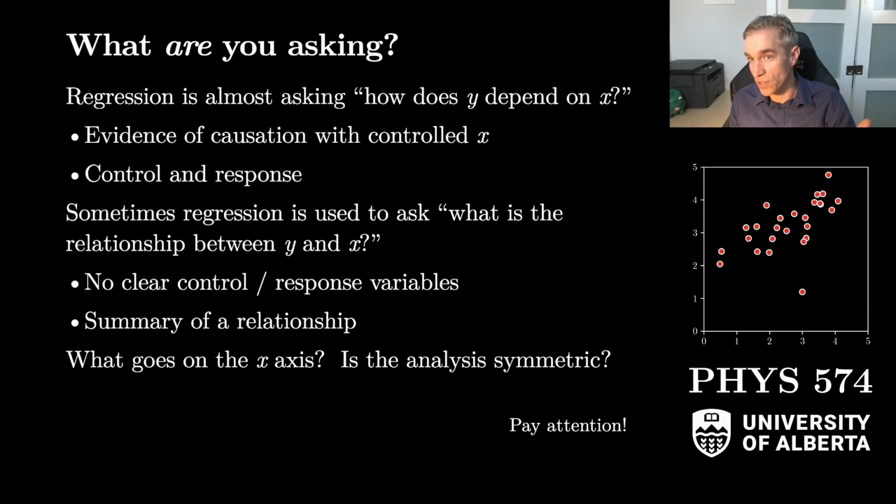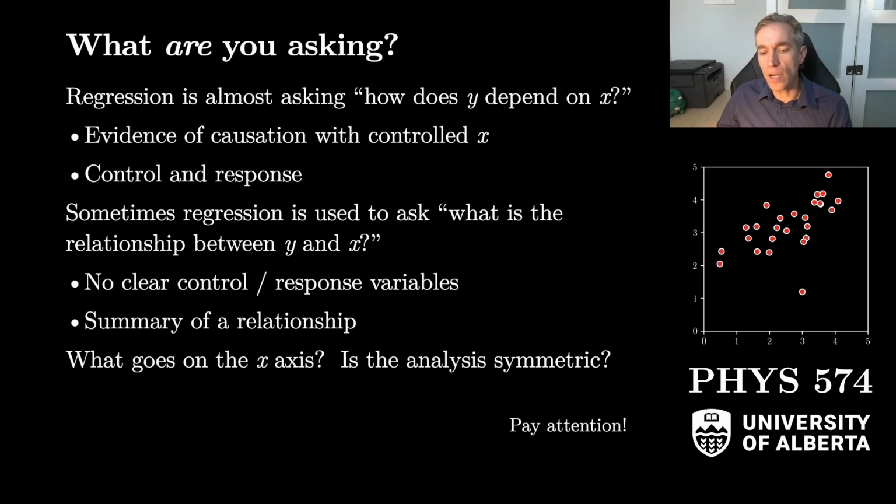Is Y conditioned on X and X conditioned on Y supposed to give you the same results here? The results that we presented earlier with the error in variables do have some nice symmetric properties, but they are still built around the idea of, what is Y on X? Once we start sampling uniformly an angle, it becomes a more symmetric problem. So you can use a lot of that framework to do these relationship investigations rather than understanding the dependence of Y on X, where X is clearly the controlled parameter.